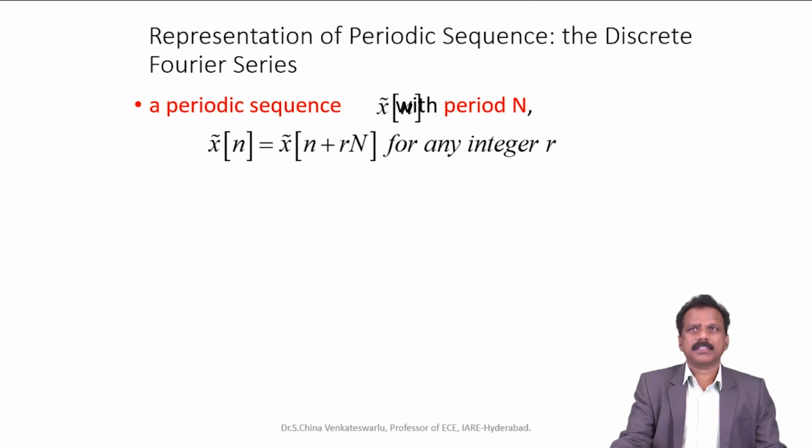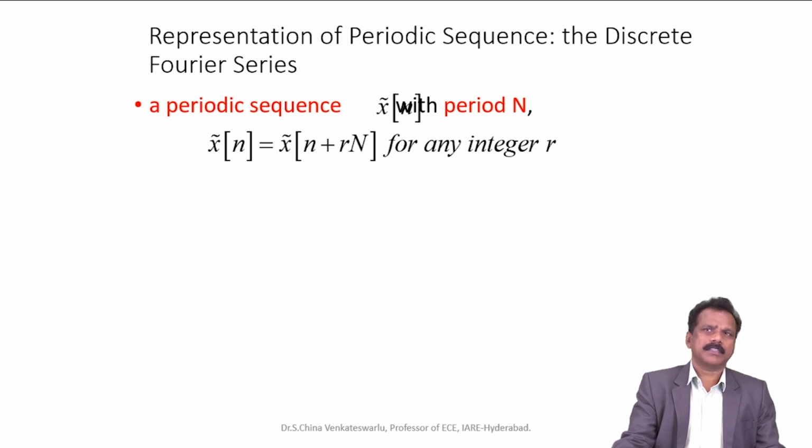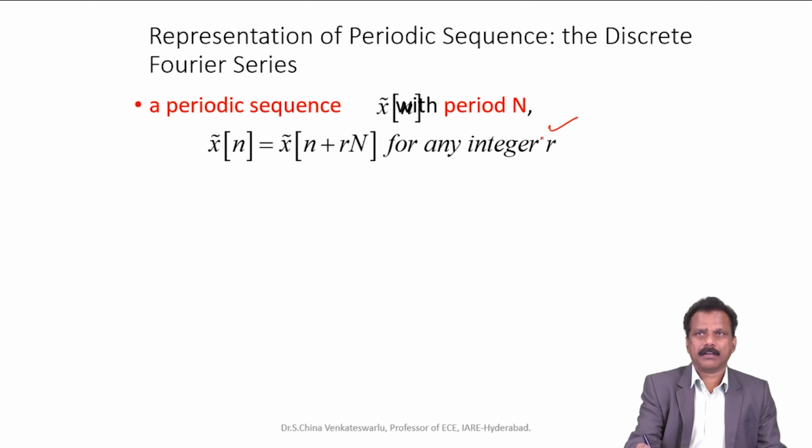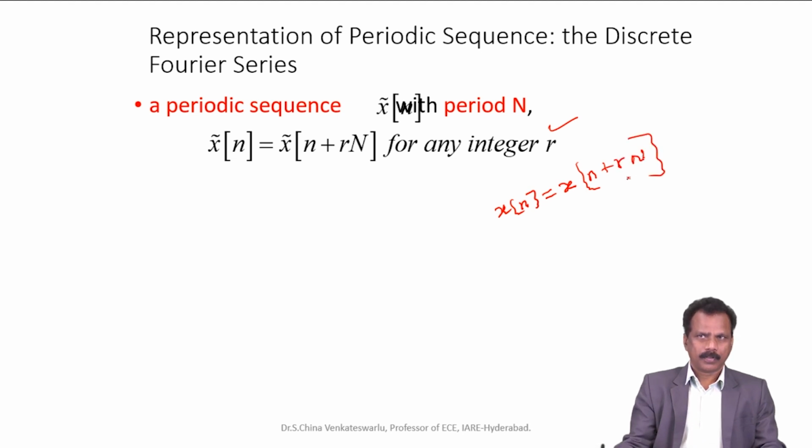After using this representation of the periodic sequence, the discrete Fourier series appears with a periodic sequence with period capital N, where x of n is equal to x of n plus r into N for any integer r.